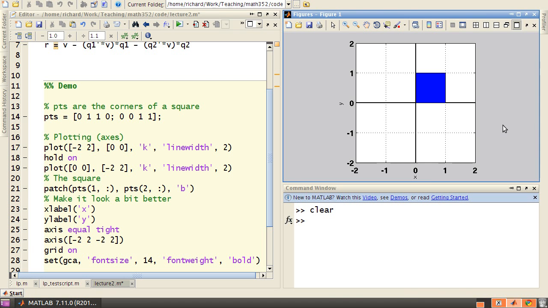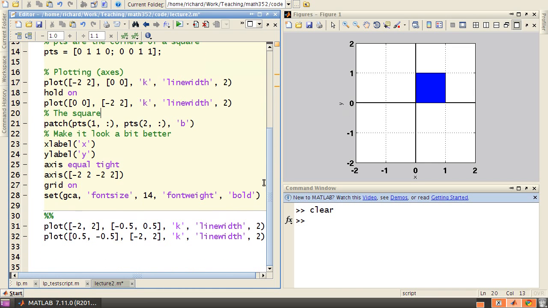Okay, so what I've got here is my axes in black, and I've got a square. Think of the square as just 4 points, at the 4 corners of the square, here, here, here, and here. What I want to do, potentially, is to express those points in a basis corresponding to a different set of axes.